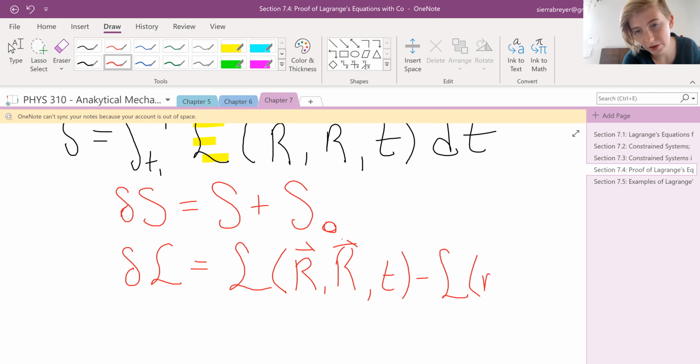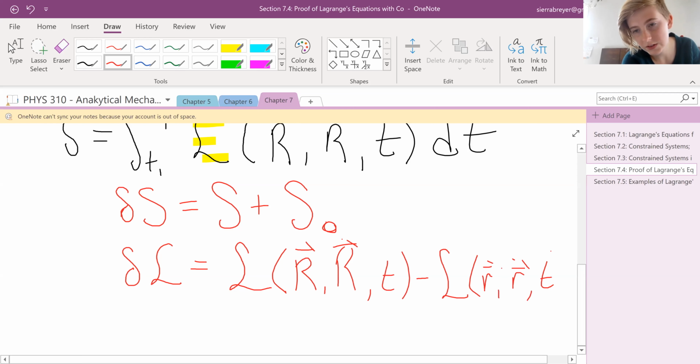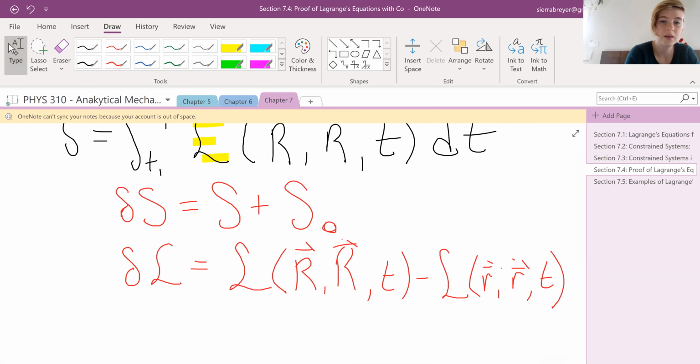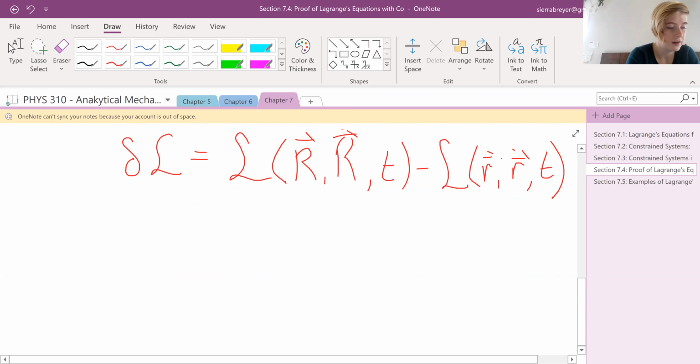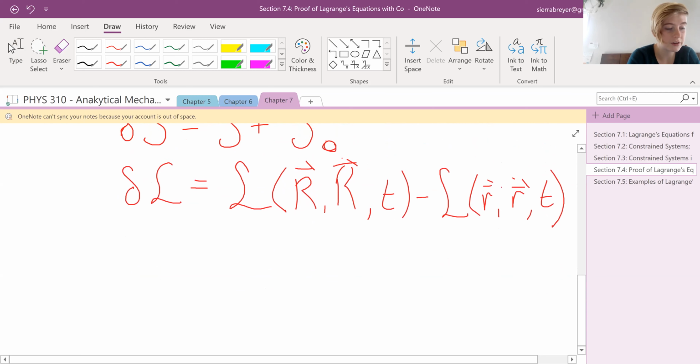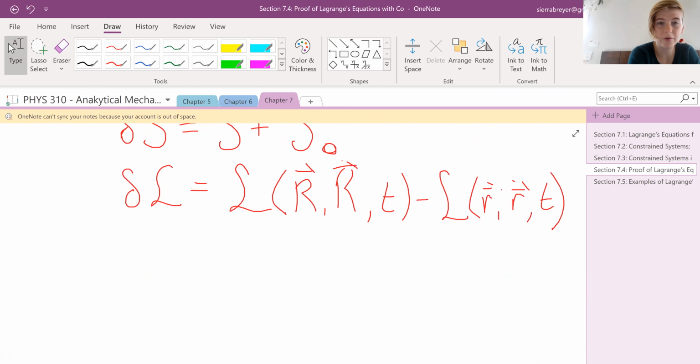And then what we note here is that that initial Lagrangian is just going to be whatever function is the true stationary function. So that's where that starts to get really nice for us. The next thing we're going to do is write out what that means further.